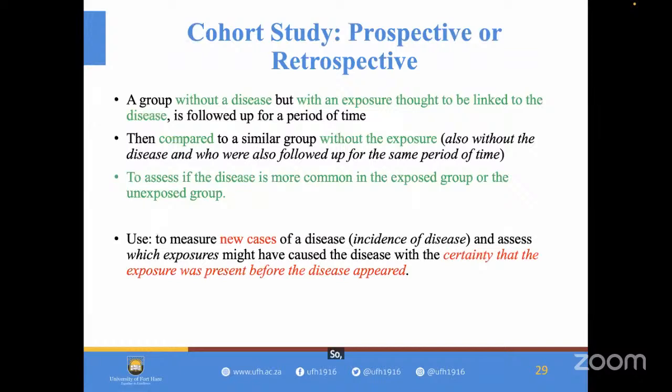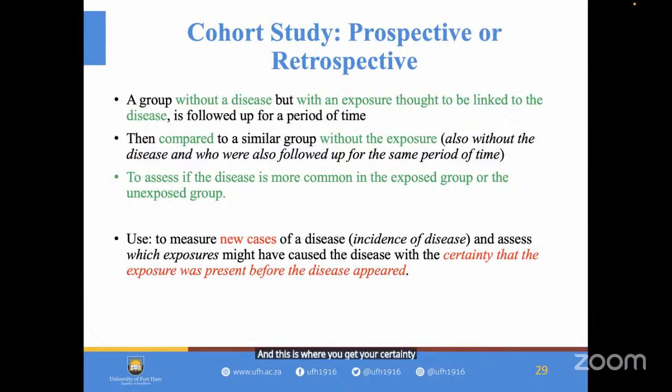So when we talk about, first of all, a cohort study is used to measure new cases of disease, which is the incidence of disease, and assess which exposures might have caused that particular disease or the health-related event. And this is where you get your certainty from.